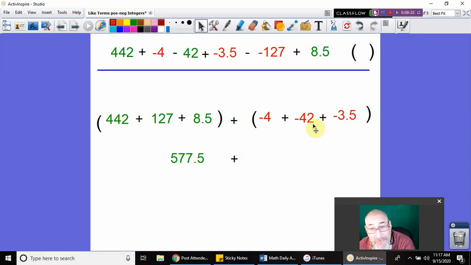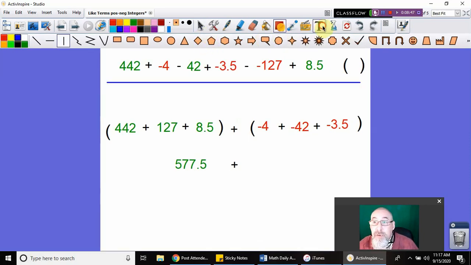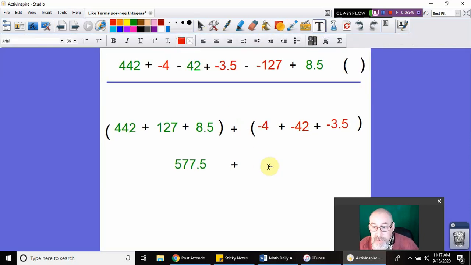So we're just going to add them and keep the sign. So 4 plus 42 plus 3.5, and we're going to end up with our nice little number. Now, because the signs are all negative, we're going to keep that negative value. So we have negative 49.5.